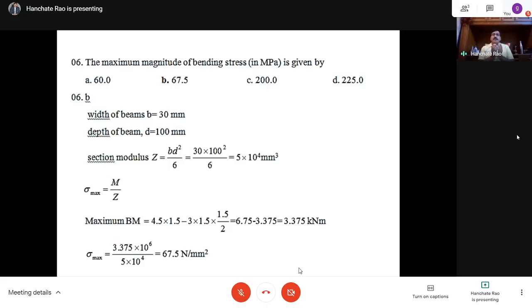So here the basic concept is, when the beam is subjected to loads or couples, simple bending takes place and the beam bends into an arc of a circle.